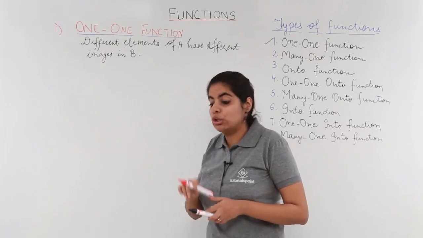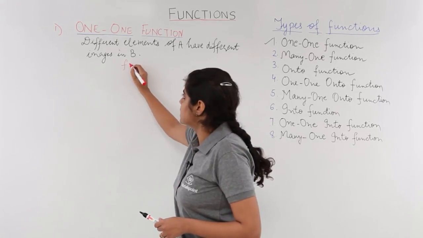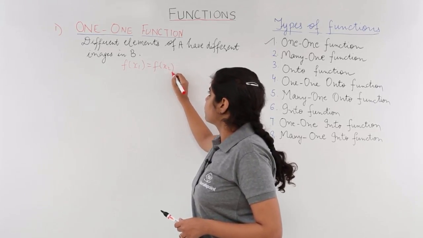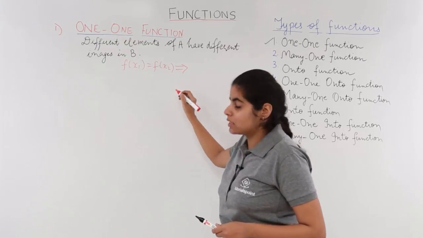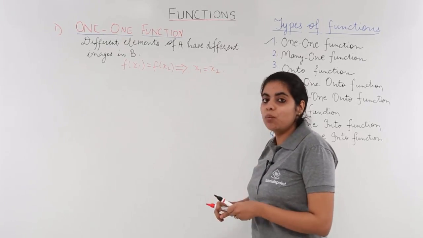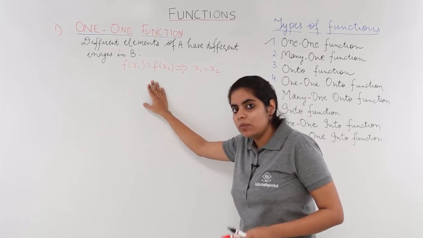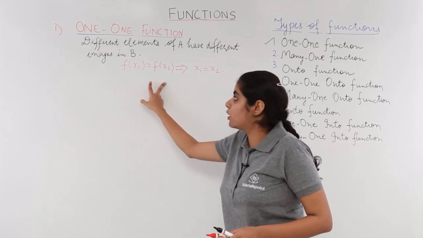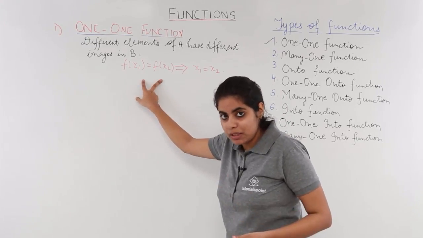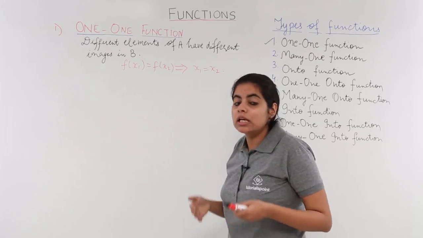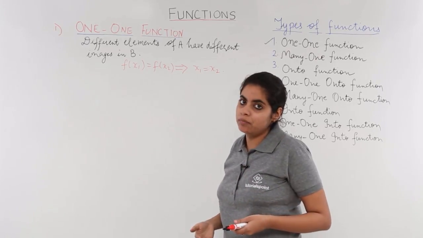Mathematically, in some books, you may find it as f(x1) = f(x2) implies x1 = x2. Now what is this? It means that if there are different images for a function, it is only possible if the pre-images were different.